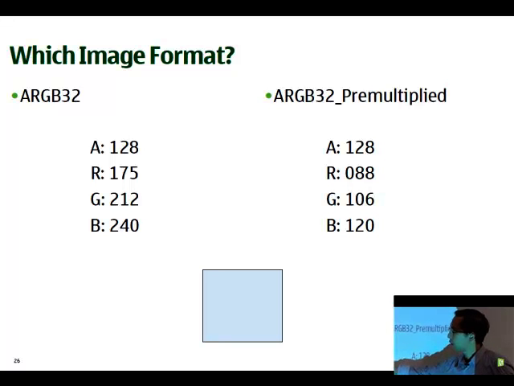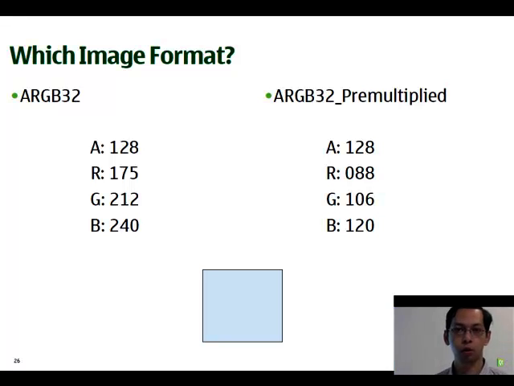In the pre-multiplied format, the R, G, and B are multiplied with the alpha channel, as you might guess from the name. So the alpha channel has the same value. However, the R, G, and B here are half compared to those. So, for example, instead of 212, the G here is 106, because 212 divided by 2 equals 106.